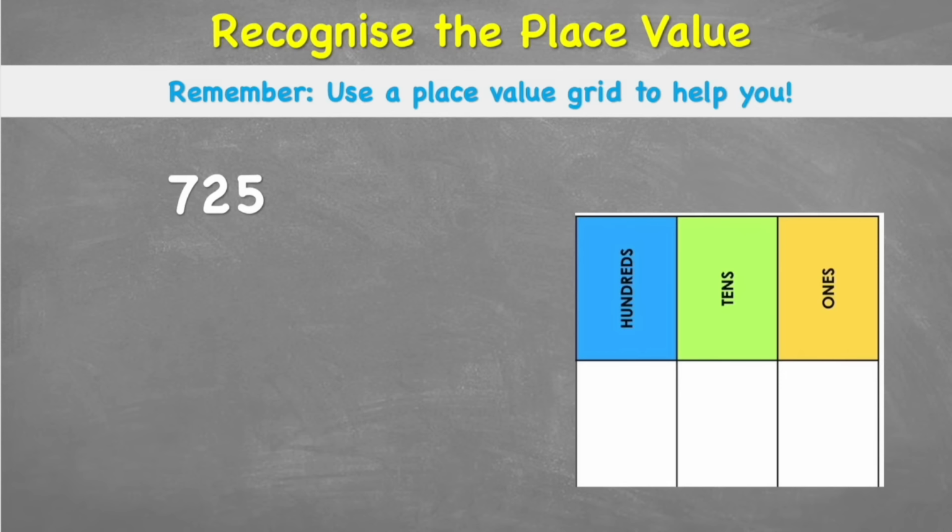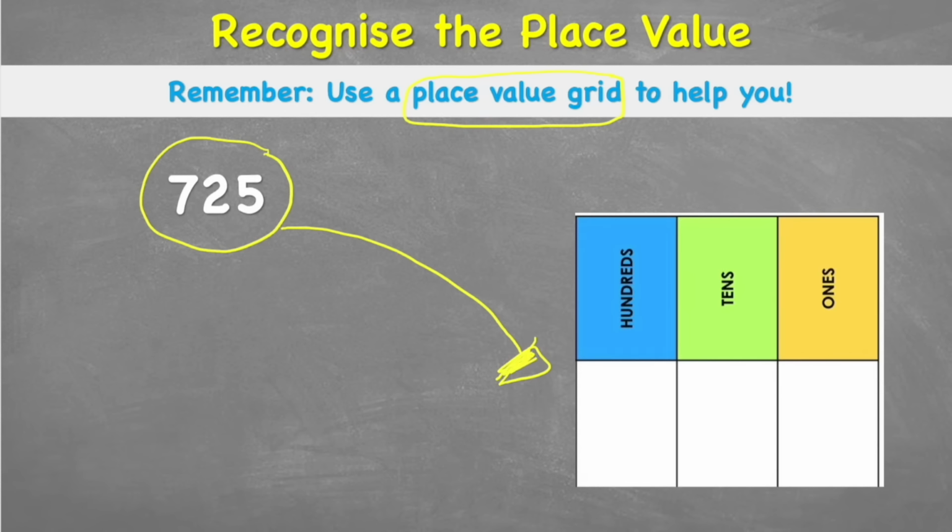But first of all, what do I mean by a 3-digit number? Well, if we look at this number here, 725, we can see that it's made up of 3 digits. We have the 5, the 2, and the 7. And each of these digits has a value. And we use the place value grid to help us understand what value. So let's put our 725 inside our place value grid to see what value each of these digits holds.